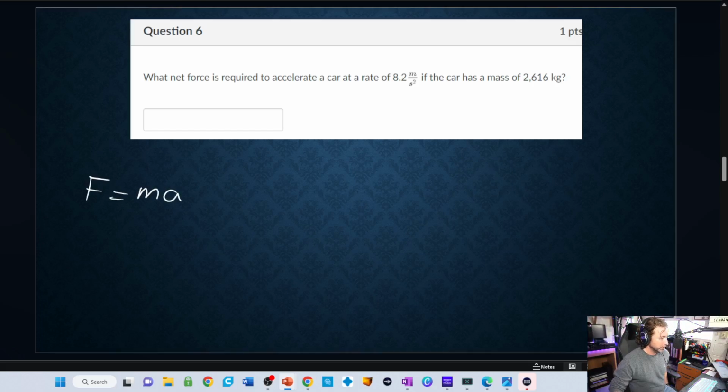Force is equal to 8.2 meters per second squared times the mass, 2,616 kilograms. And look, forces are vectors, forces have units of newtons, and we got a kilogram meter per second squared. That is a newton.